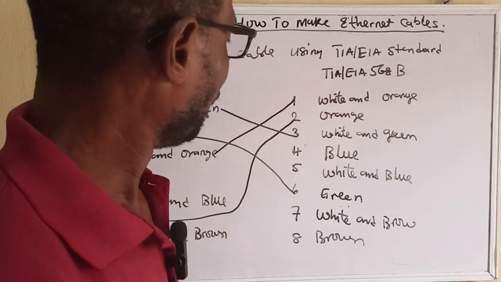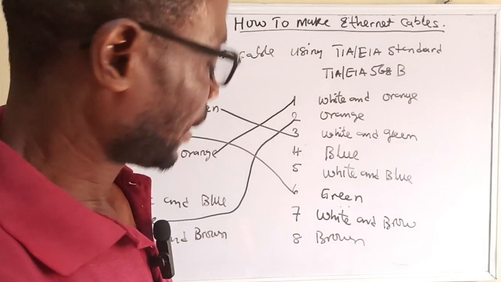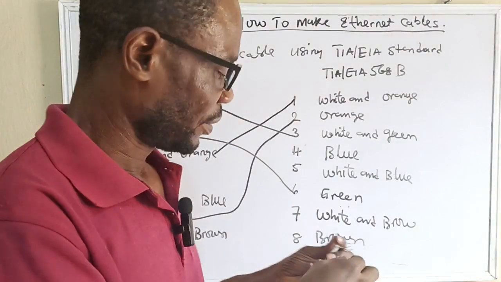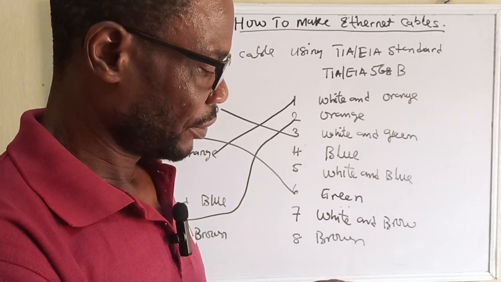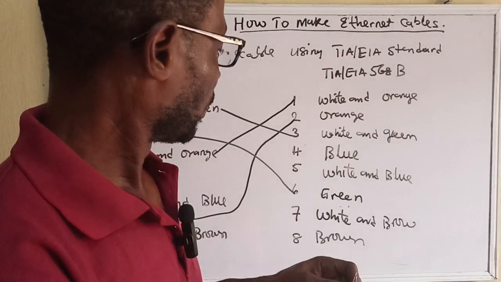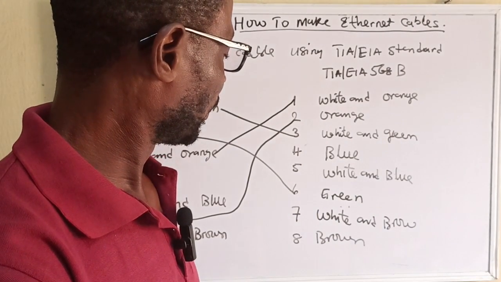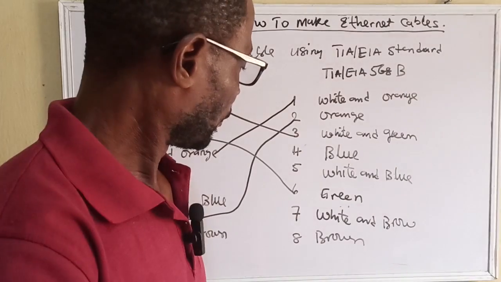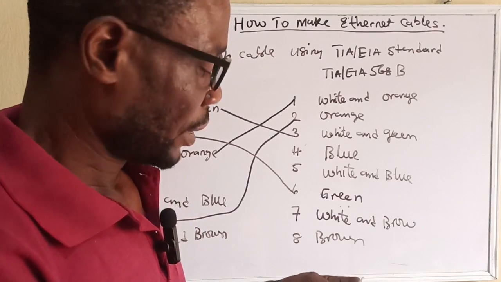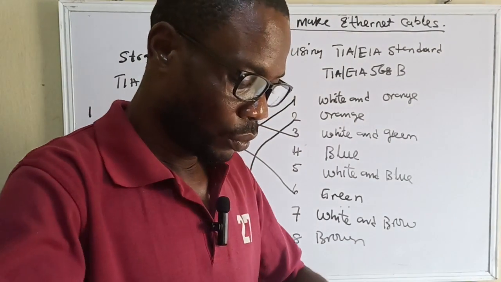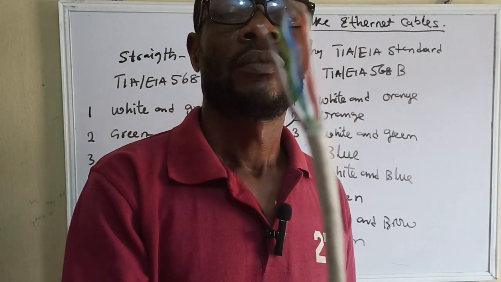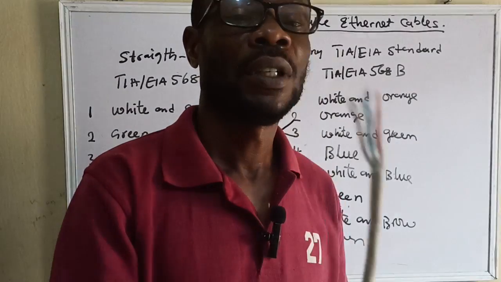The fifth is white and blue. Sixth is plain green. Seventh one is white and brown. And the eighth one is brown. So you straighten it. You can see, look at the cables.